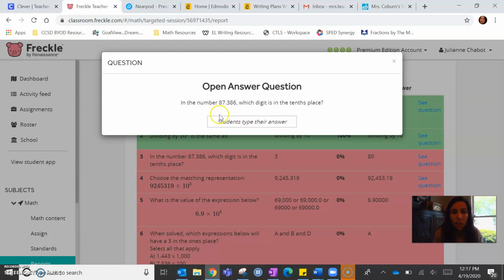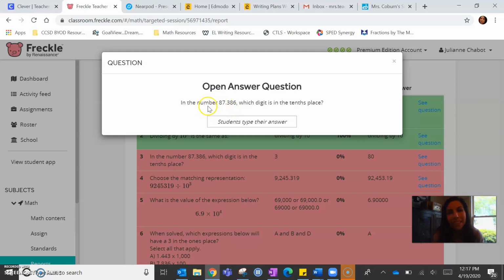Okay, so let's look. In the number 87 and 386 thousandths, which digit is in the tenths place? Okay, tricky. We're not talking about the tens place, okay?